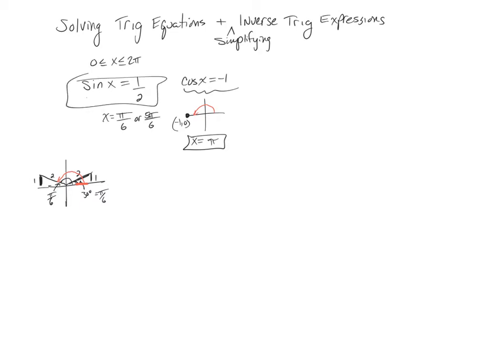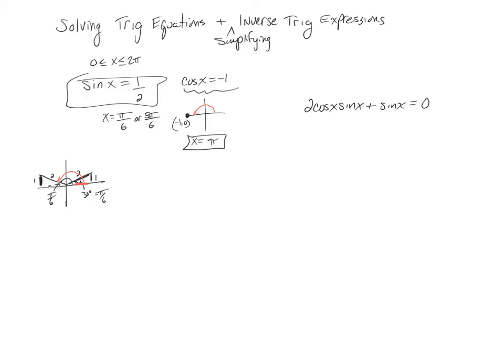They usually just happen, though, in somewhat more complicated functions, like maybe something like 2 times the cosine of an angle times the sine of an angle plus the sine of an angle is equal to 0.